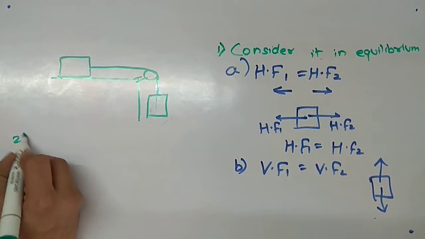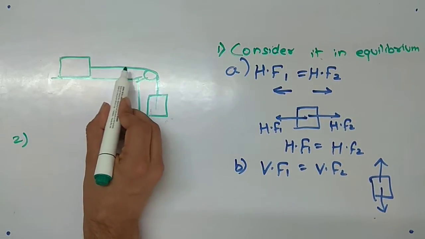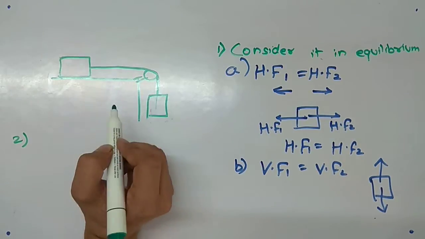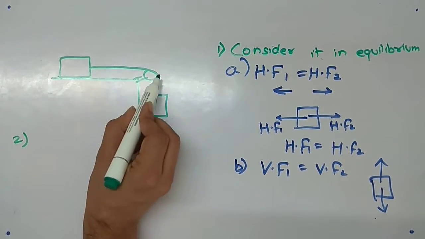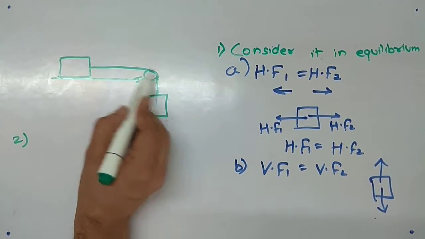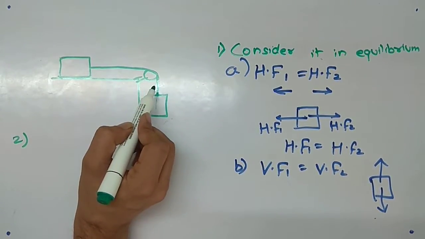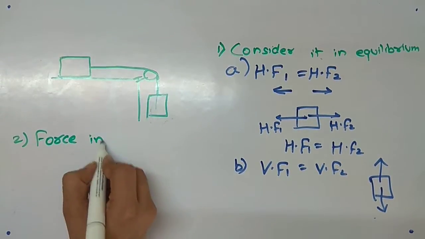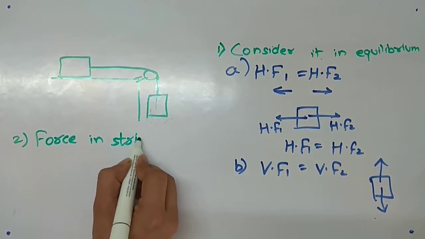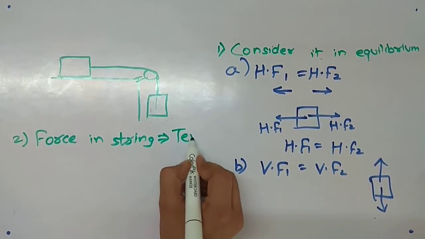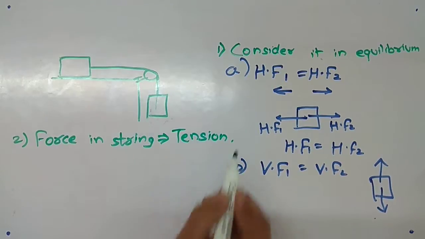And the next one is, see, if there is only one string, then the force should also be the same in the string. The force developed in a string, generally we refer to it as tension in such types of questions.